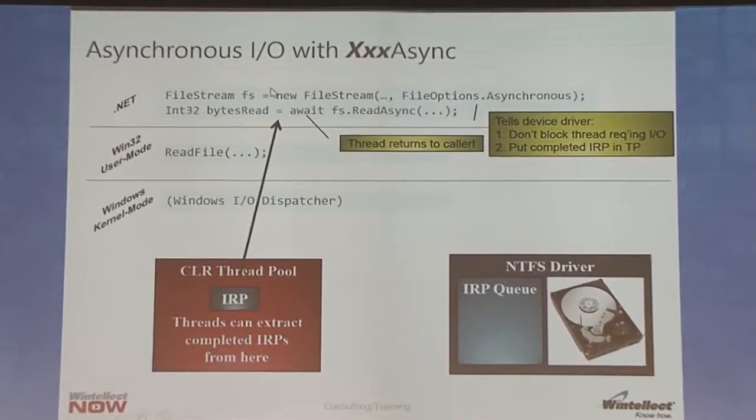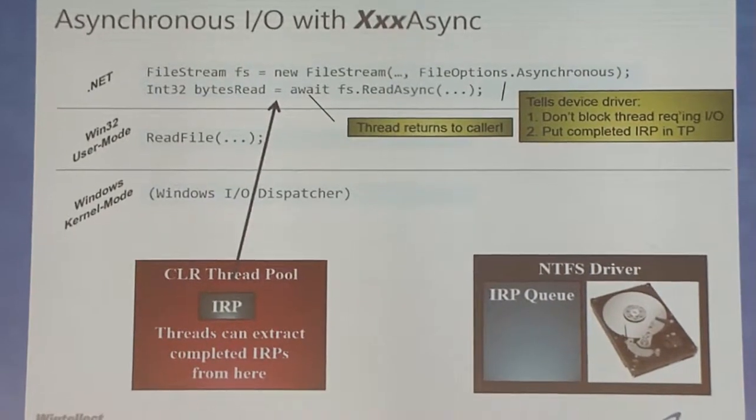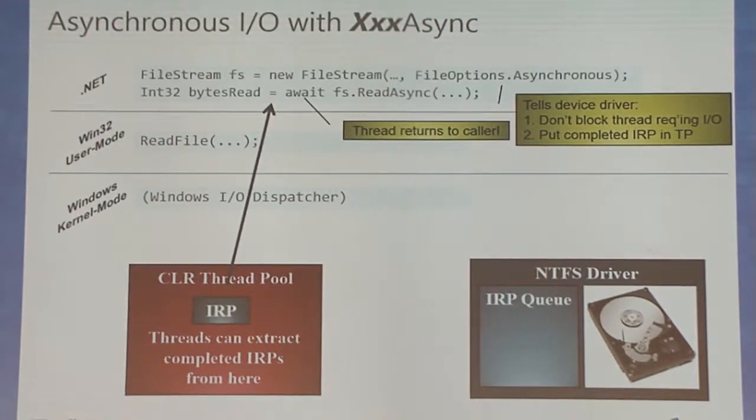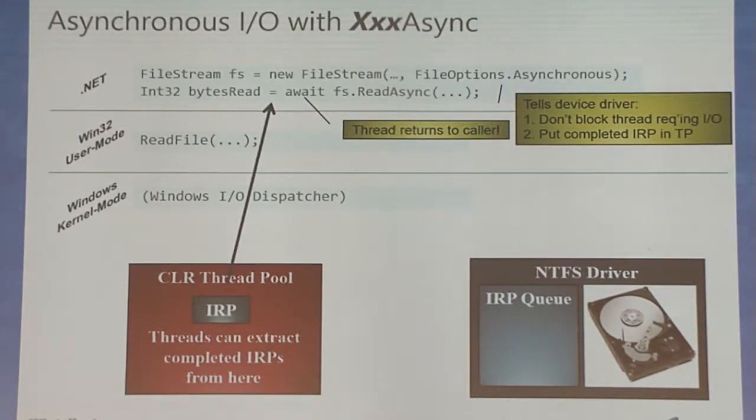But what's interesting is that instead of calling this method and having it execute from the beginning, which is usually what happens when you call a method, this method is implemented as a state machine, and the thread pool thread resumes the state machine. And what that really means is when the thread pool thread calls this method, it will continue with the assignment. It won't new up the file stream, that was already done. So it'll go to the next state of the state machine, which is come back to the assignment here, get the number of bytes read, and continue running.